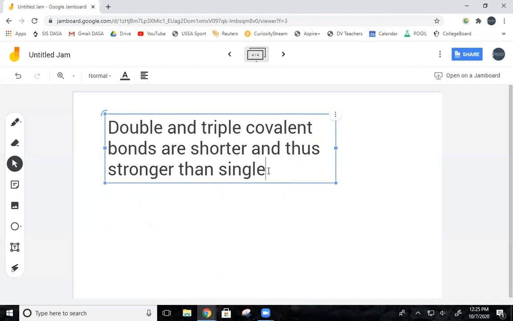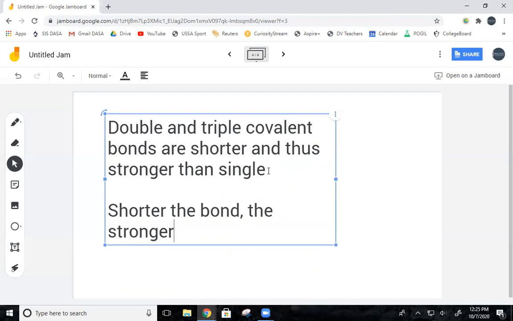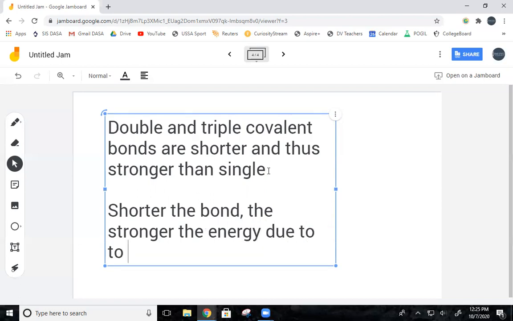The relationship is that the shorter the bond, the stronger the energy, due to Coulomb's law.